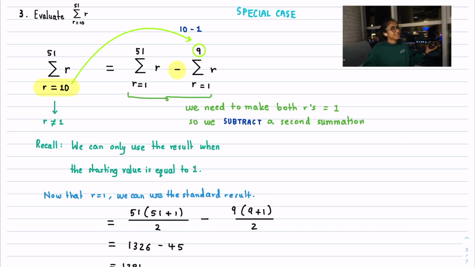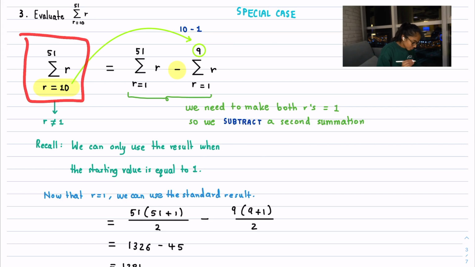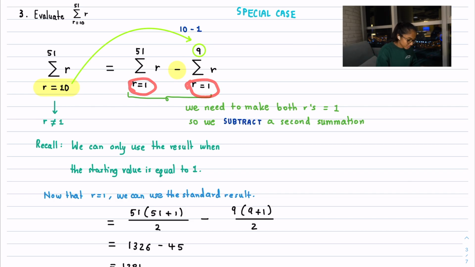How am I going to do that? I'm going to show you. So you can see I wrote it here. All we do is say r is equal to 1, r is equal to 1, and make sure we subtract them. In the first summation, the upper limit will remain the same.